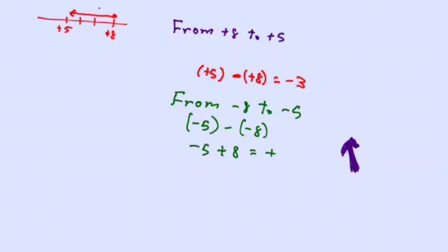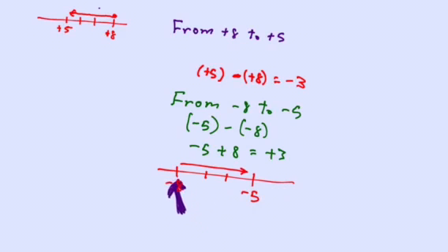And this becomes a positive 3. Now let's visualize and see if this gave us the correct answer. Visualizing this, we see that going from a negative 8 to a negative 5 is a positive 3. So this rule gave us the correct answer.